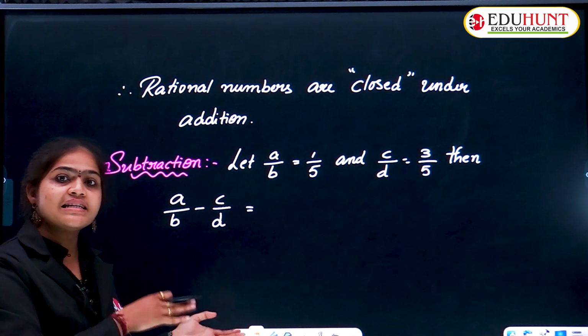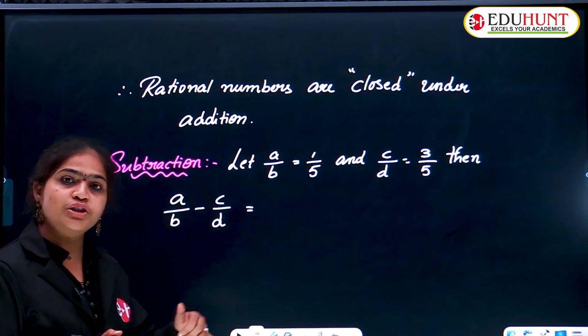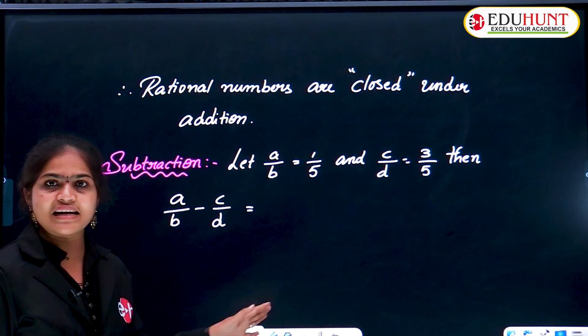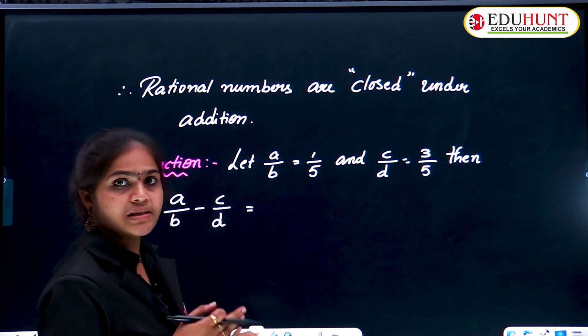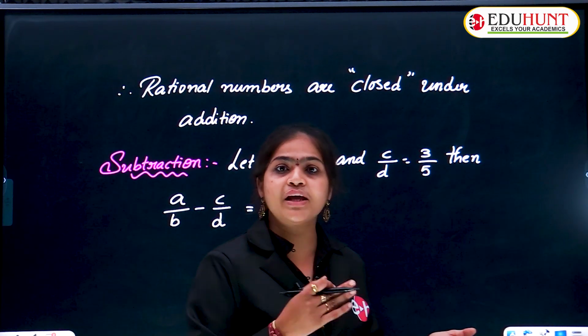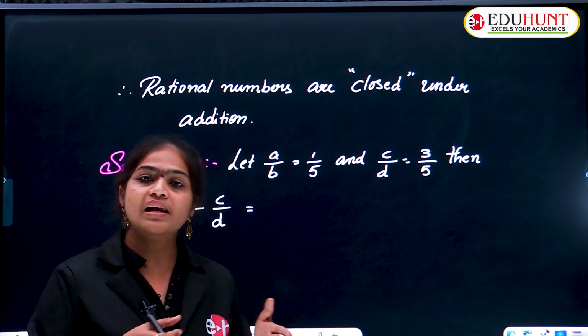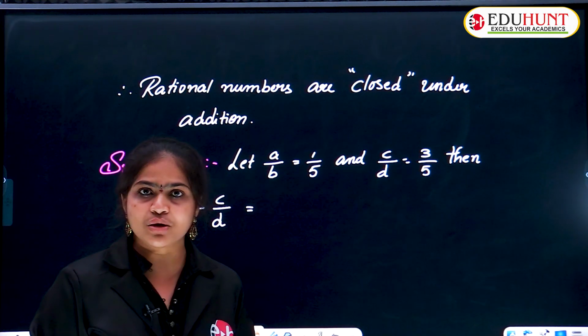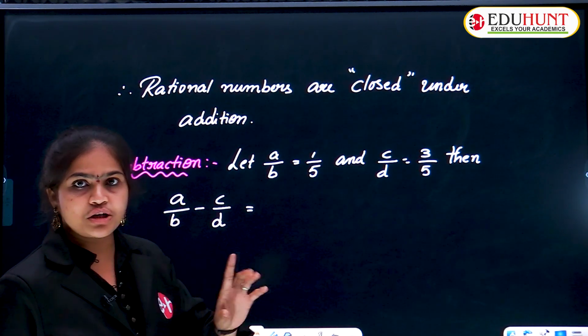Integers are closed under subtraction, and rational numbers are also closed under subtraction. Why? Because if you subtract any two rational numbers, you may get a positive rational number, a negative rational number, or sometimes 0. All these numbers come under rational numbers only, no? That's why rational numbers are closed under subtraction also.